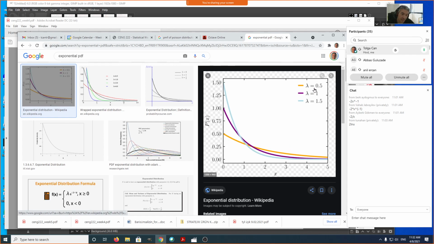And as you can see, for lambda, which can be a continuous, real valued number, as lambda increases, we get a sharp decrease in the exponential PDF. For smaller lambda, our exponential function is decreasing slowly. This is the PDF of the exponential distribution. It starts at 0 and goes all the way to infinity.